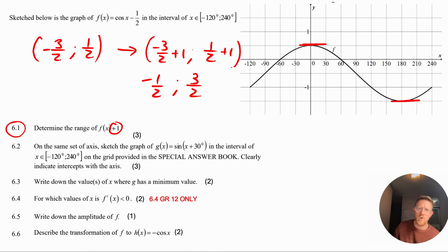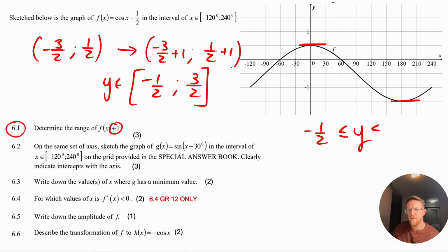So that is your answer. y is an element going from negative a half to 3 over 2. If you want to write it in set builder, you can say y is bigger than or equal to negative a half and smaller than or equal to 3 over 2. The memo got that part completely incorrect.